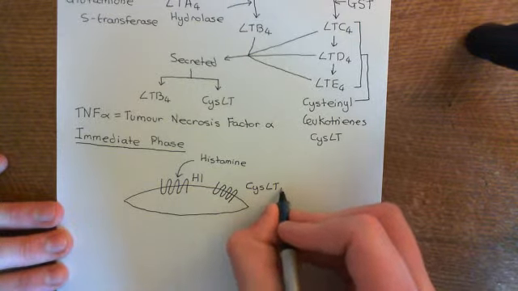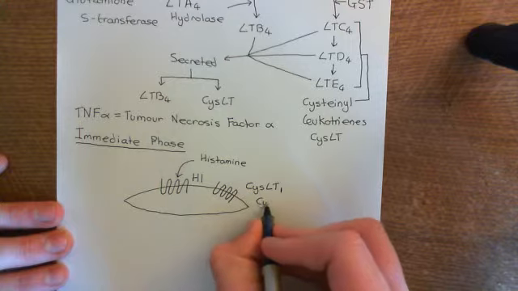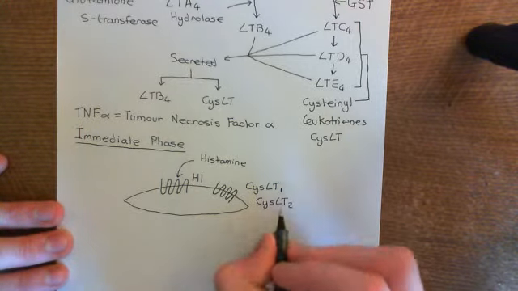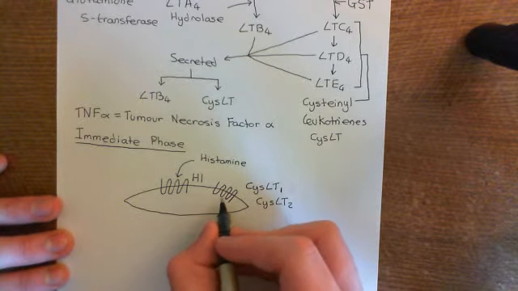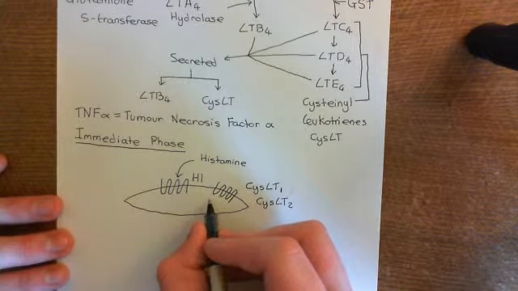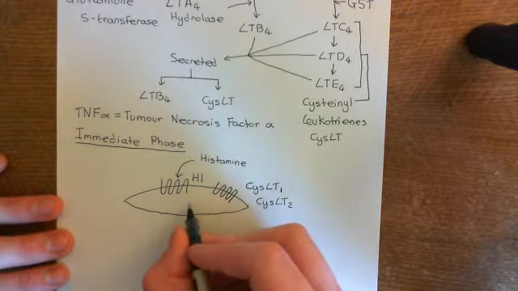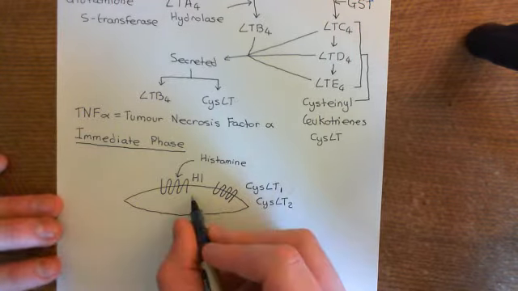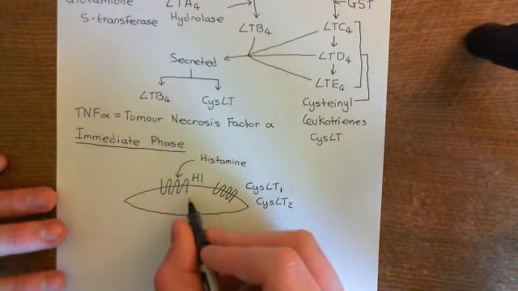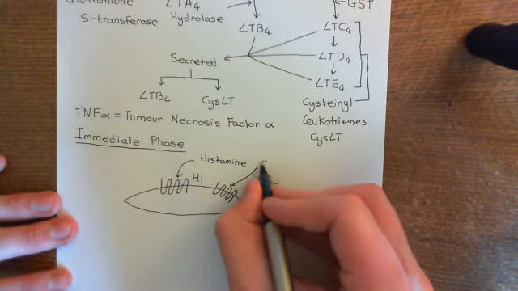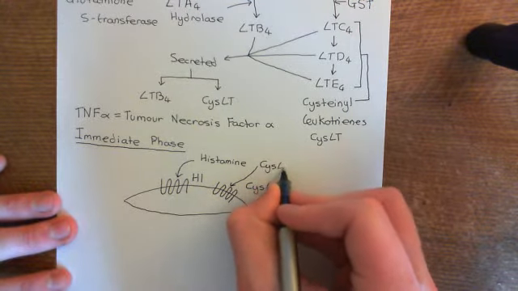Okay, so there are cysteinyl leukotriene receptor 1s, and there are also cysteinyl leukotriene receptor 2s. Okay, now these are both Gq coupled, so when you activate them, it's going to lead to the activation of the Gq pathway, and then the release of the intracellular calcium stores, which will cause the contraction of the bronchial smooth muscle cell. Okay, so the cysteinyl leukotrienes are going to come and activate the cysteinyl leukotriene receptors.